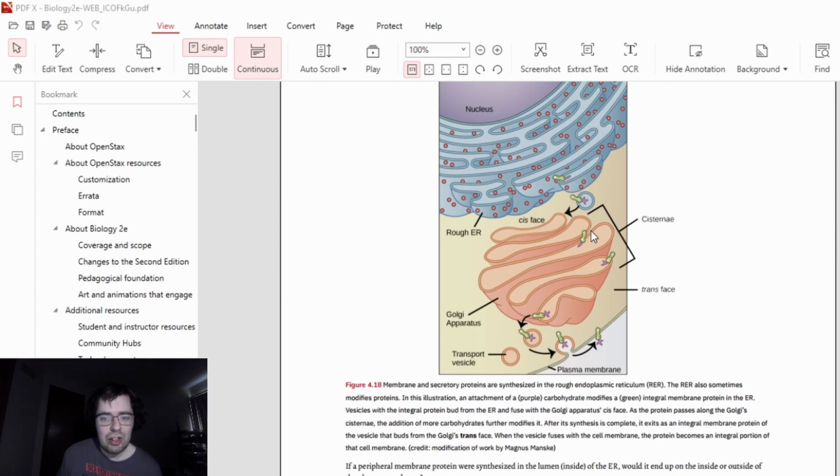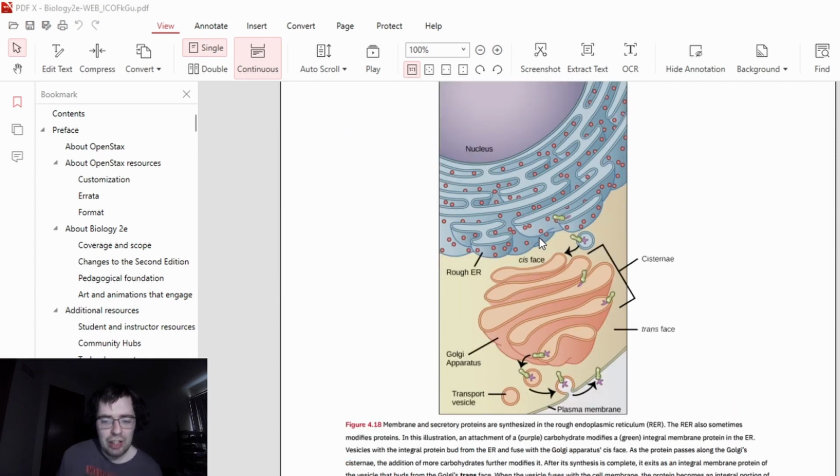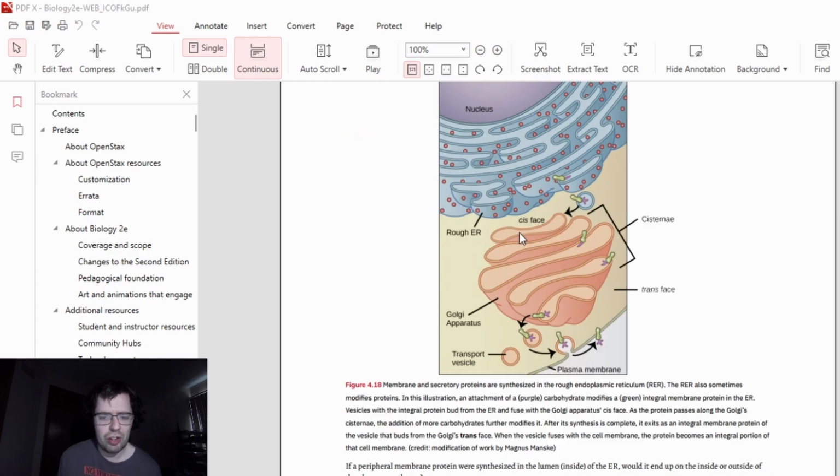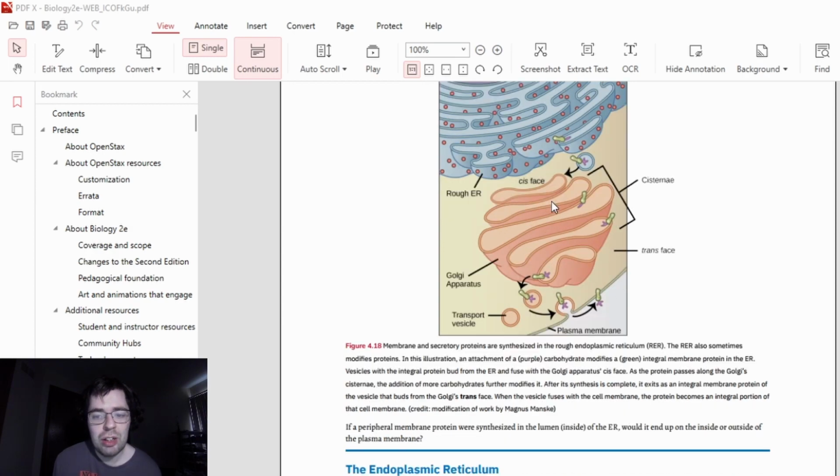Alright, here's essentially the system. You have the Golgi complex. You have, what is this again? Oh yeah, there's the rough endoplasmic reticulum, and the smooth. I can't remember what the R was. But you have the rough ER and the smooth ER.